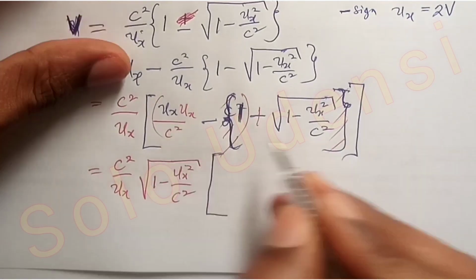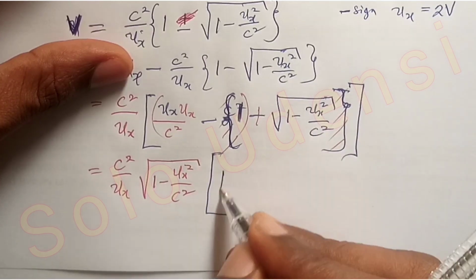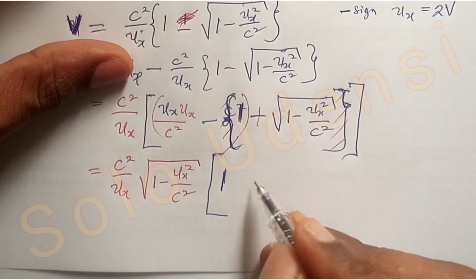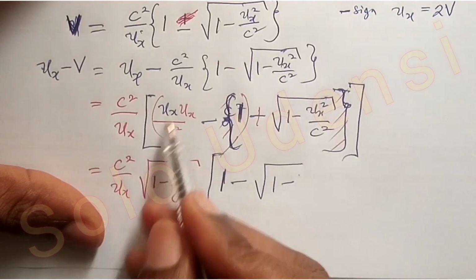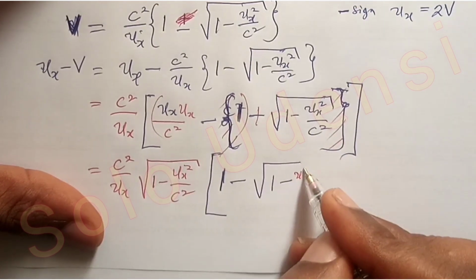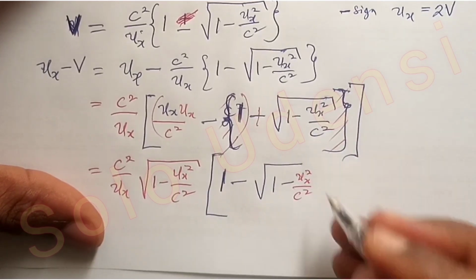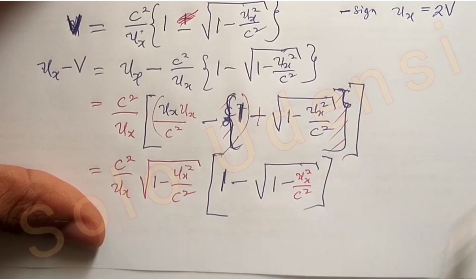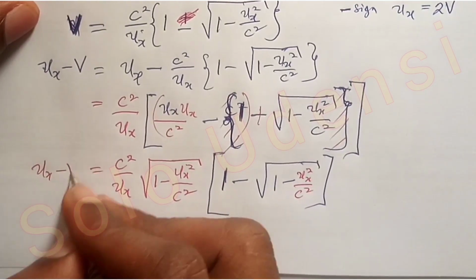Remember, there is 1. This times 1 will give us this. So let's write it first since it's plus: 1 minus this one now is ux squared over c squared. That's what we'll have for our ux minus v.